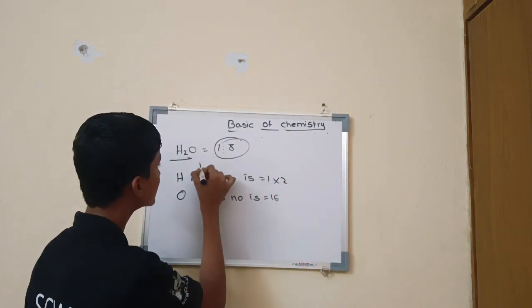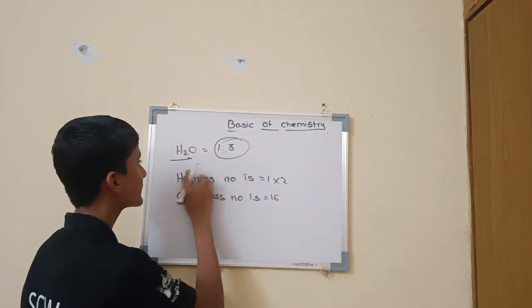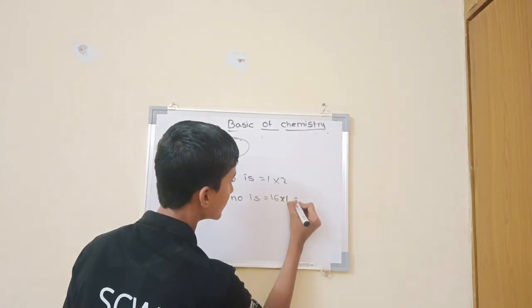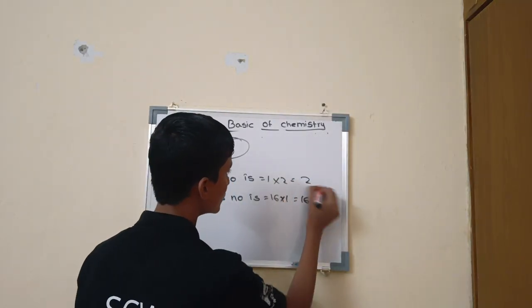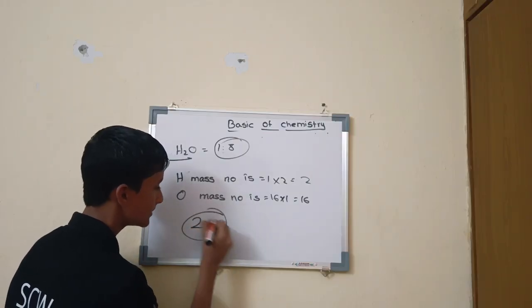If 1 atom there, it means 1 into 1. Oxygen has 1 atom, then 16 into 1 is 16. So 2 is to 16.